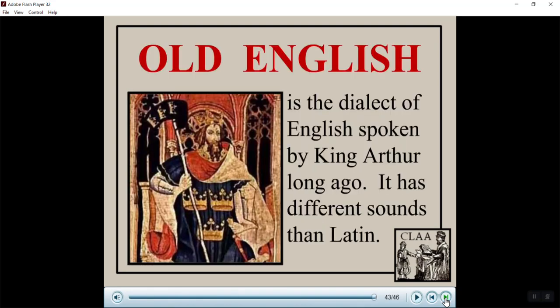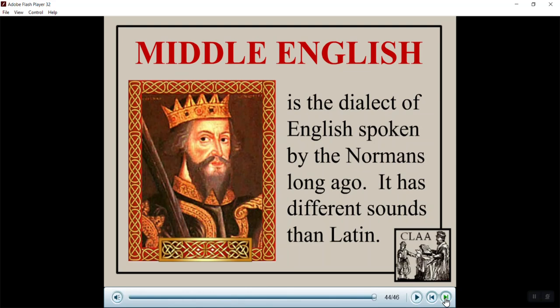So in our last lesson, we studied the dialect known as Old English. This is the dialect of English spoken by King Arthur long ago. It has different sounds than Latin. In this lesson, we've studied Middle English.